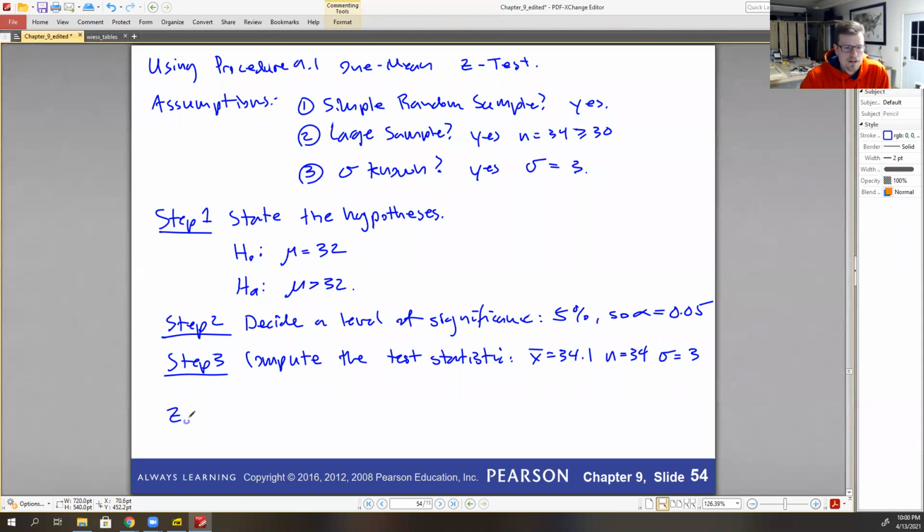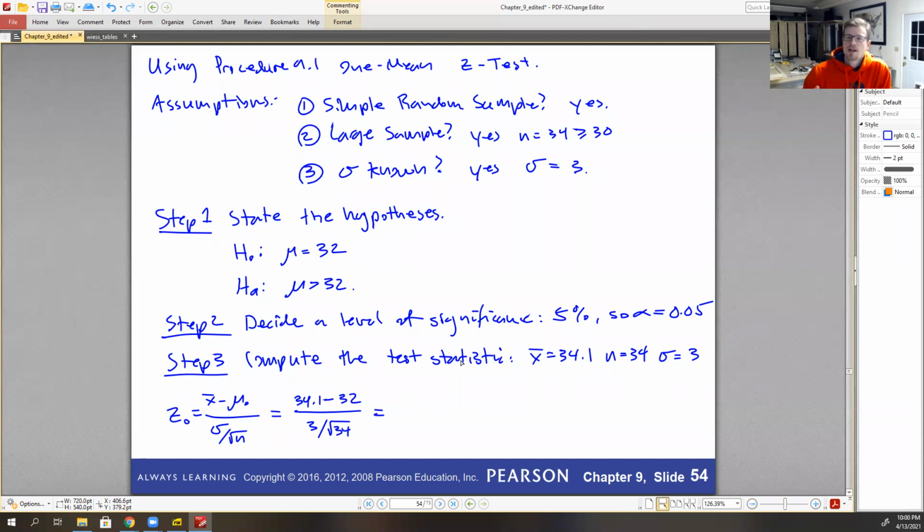So z naught is equal to x bar minus mu sub naught, the proposed mean, divided by the standard deviation of the sample means. This is the standard deviation of the population, and this is the standard deviation of the sample means of size n. So that gives us 34.1 minus 32, divided by 3 divided by the square root of 34.